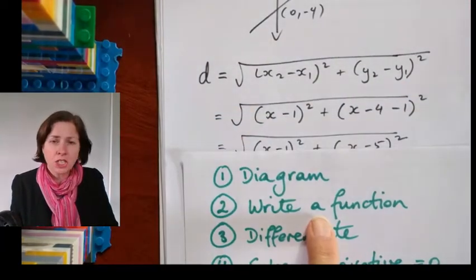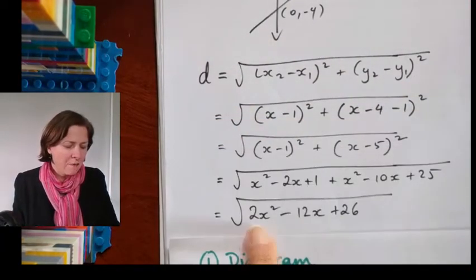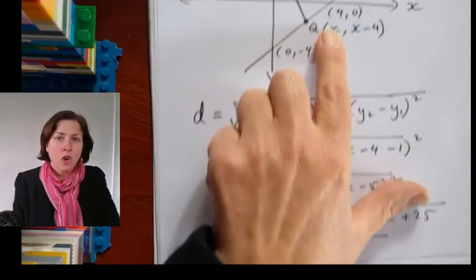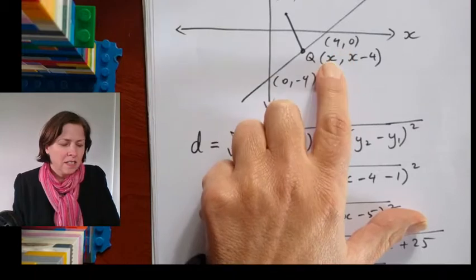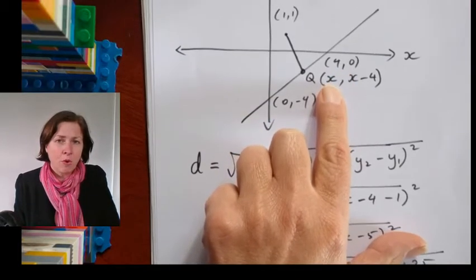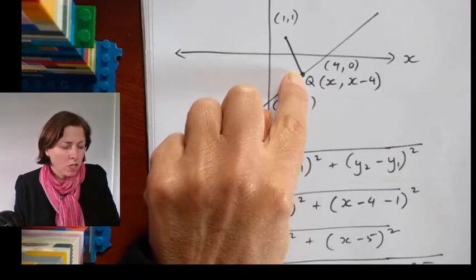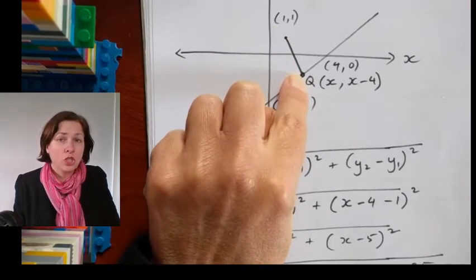I've written a function, and what I've done is I don't have it in terms of x and y. I've got it only in terms of x, where x is the x value of this point Q, which is this line. Now what I want to do is make this line as short as possible.